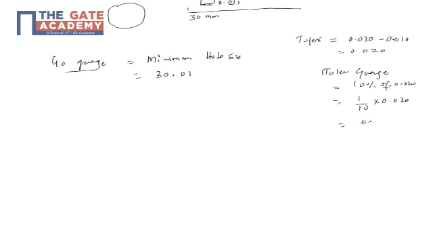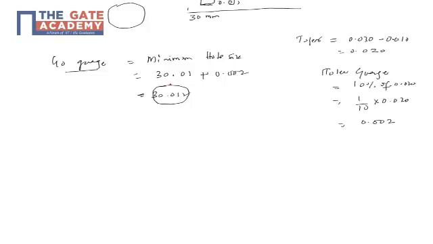This should be 0.002. So this is the tolerance. That tolerance has to be spread above the minimum, so we are just adding the gauge tolerance, and this comes to be 30.012. So this can be your go gauge maximum.